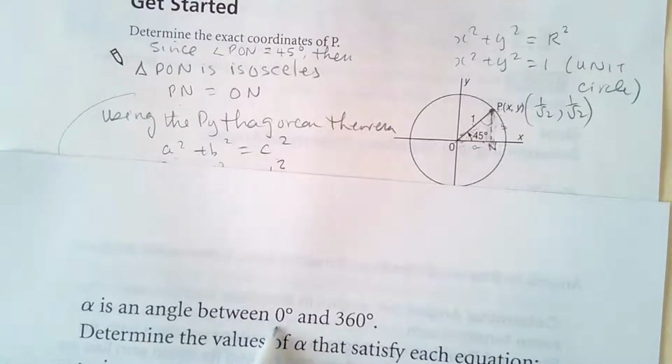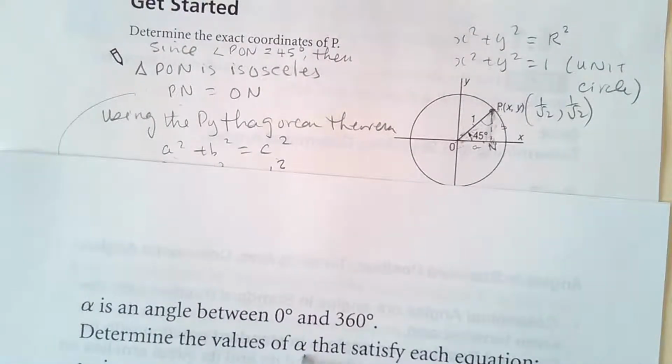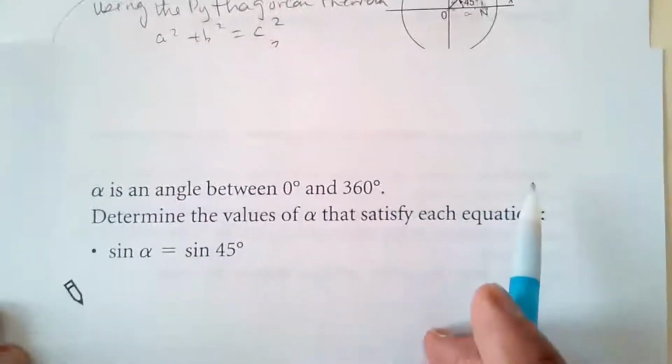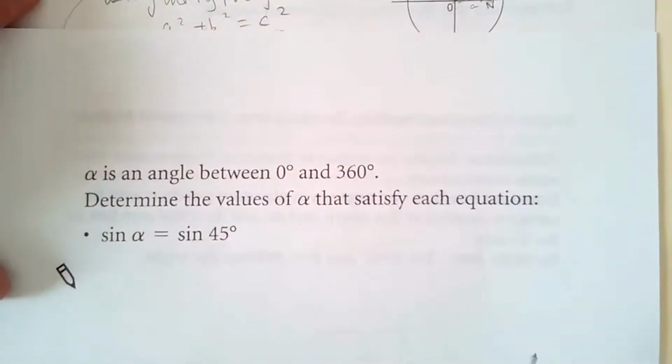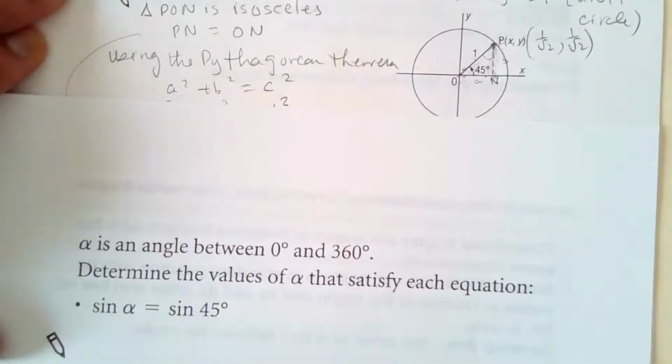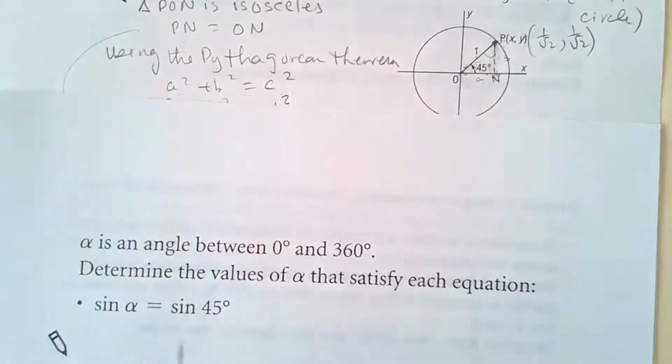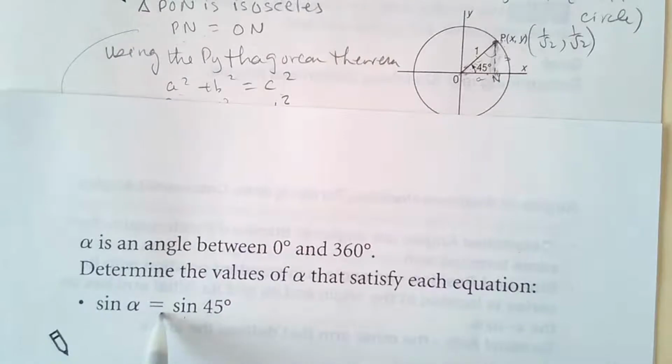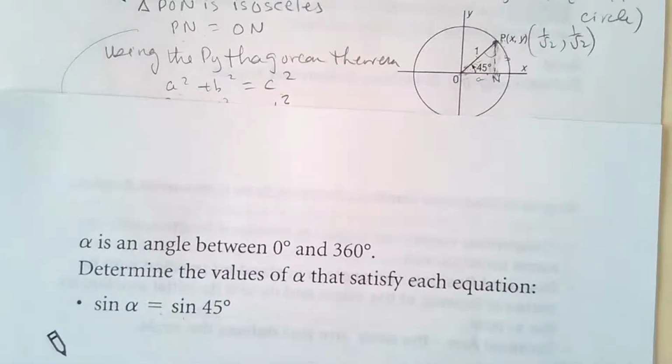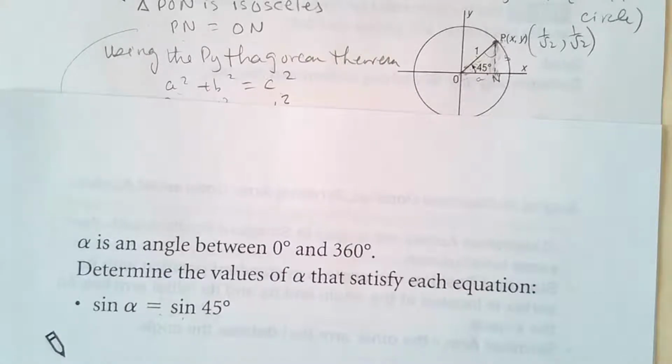For angles between 0 and 360, determine the value of alpha that satisfies each equation. So sine alpha, with 45 degrees. Let's look at sine alpha first.